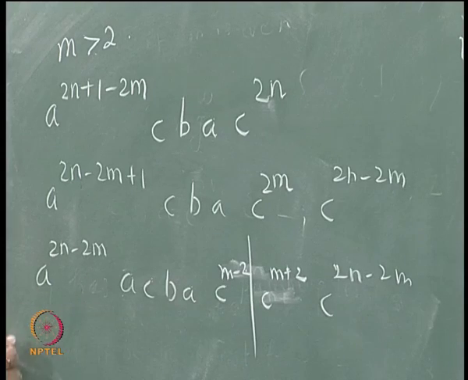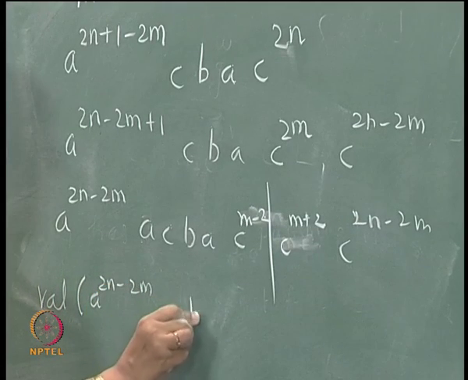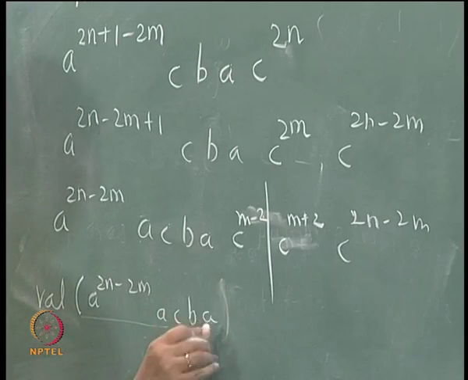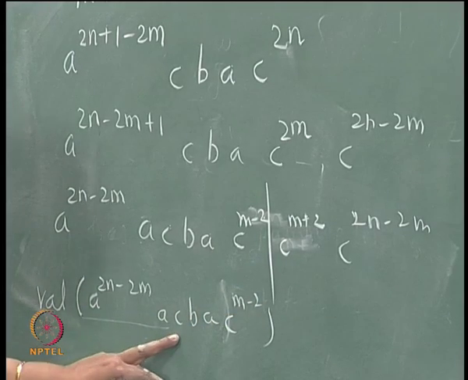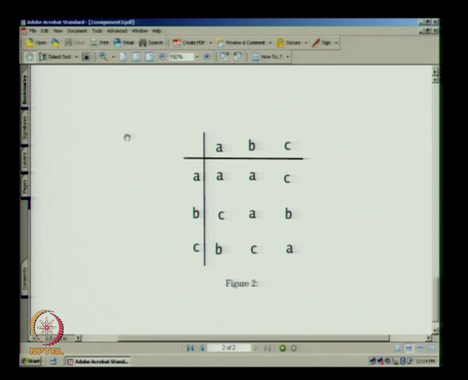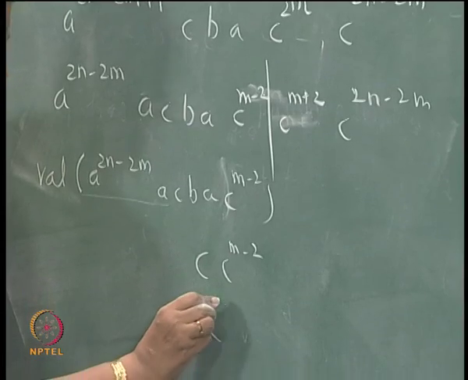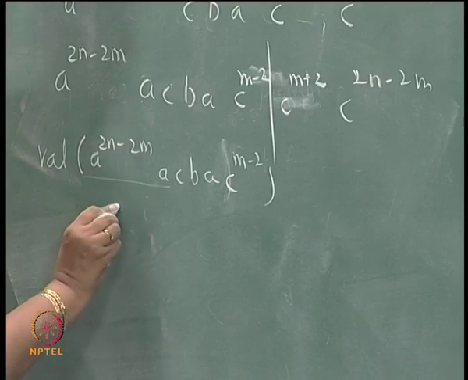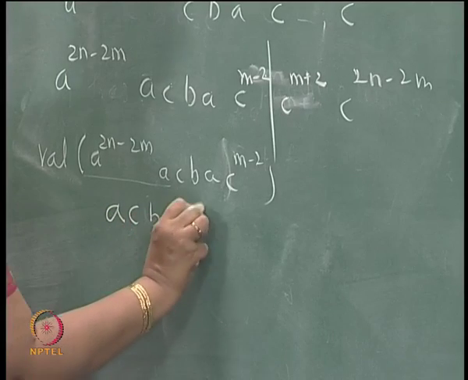Now, what will be the evaluation of this? Value of A power 2n minus 2m A C B A will evaluate to A, then AC is C, CB is B, BA is C, C power m minus 2.